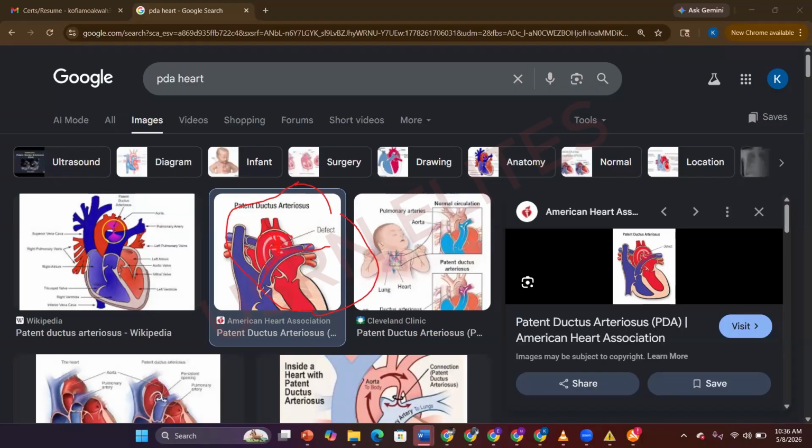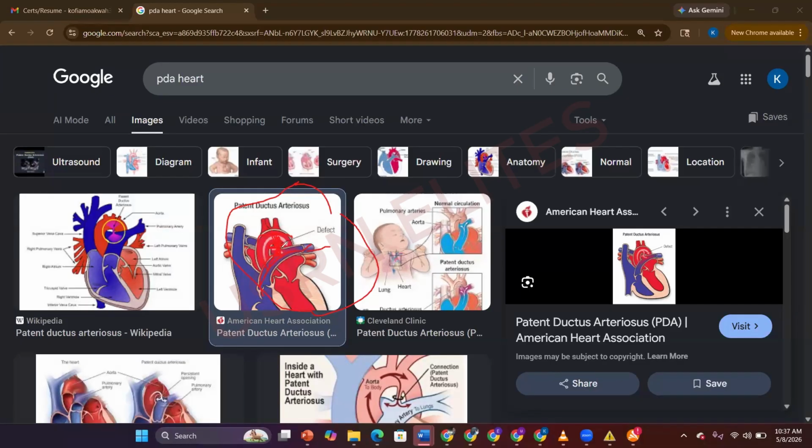The blood coming here is already mixed with high oxygen, so it's already enough, already prepared to go into systemic circulation. That's why there's a connection for it to enter into the aorta, then supply the whole body with oxygenated blood, right?